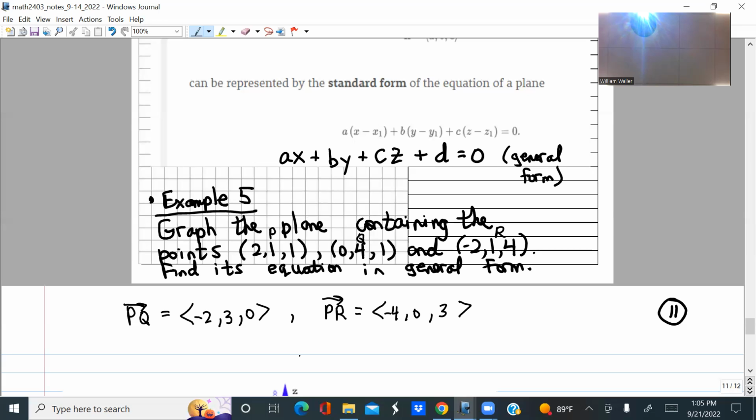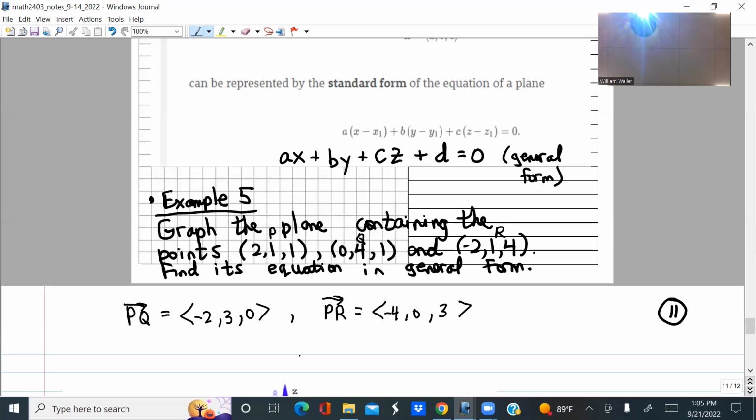Now, to write down the equation for the plane, remember, you need a point that's in the plane. Well, you have lots of points in the plane, so that's not an issue. But you also need to know what? The normal vector, the vector that's perpendicular to the plane.